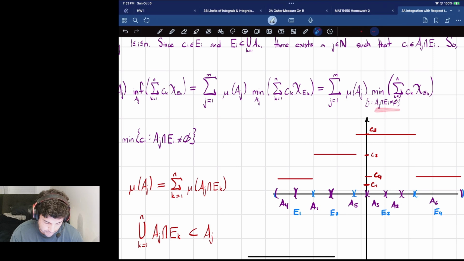So I think I need to rewrite this. I think this is not good. The minimum of the intersection of A_j and E_i.